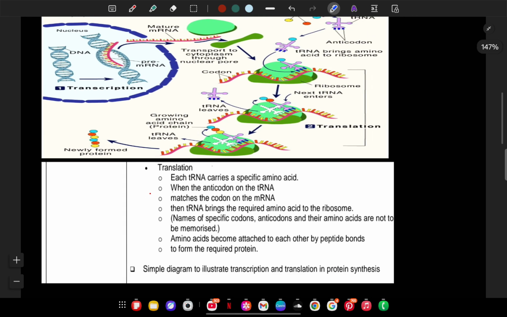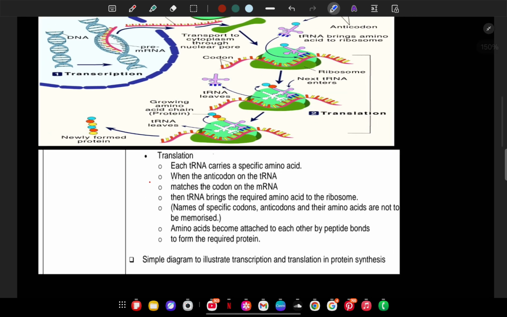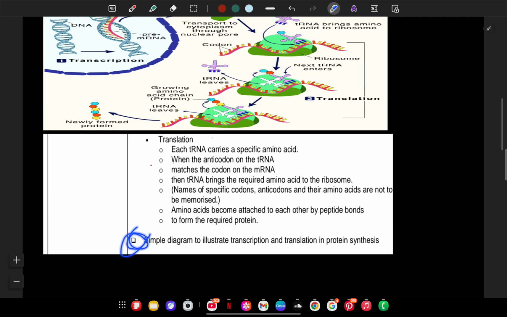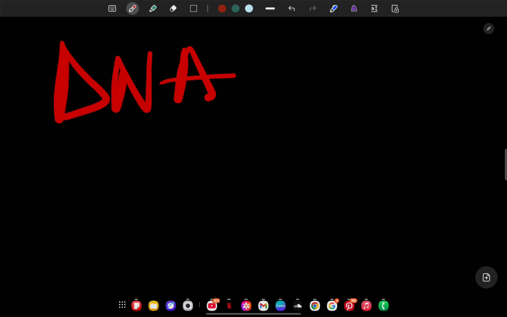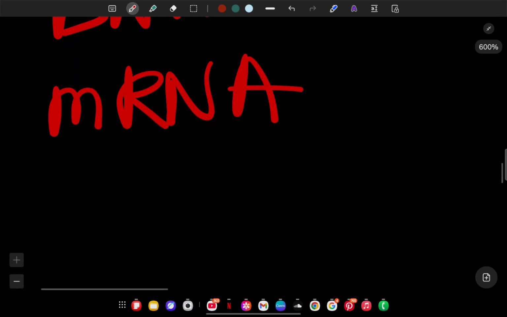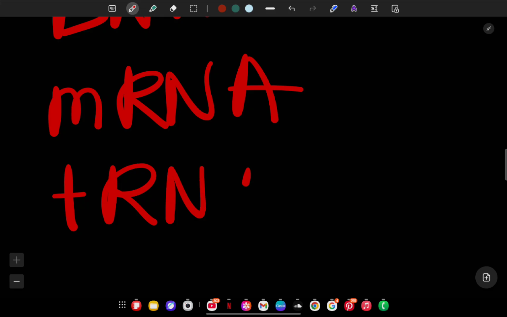Now I'm going to further explain the codons and the anticodons. We did use a simple diagram to illustrate translation and transcription. So DNA, mRNA, tRNA.